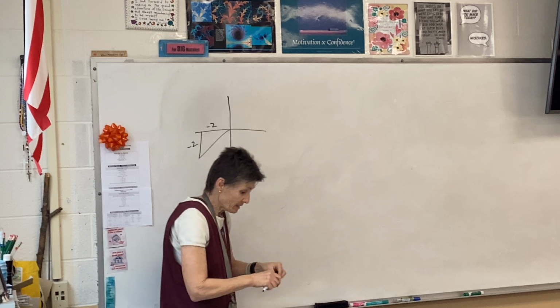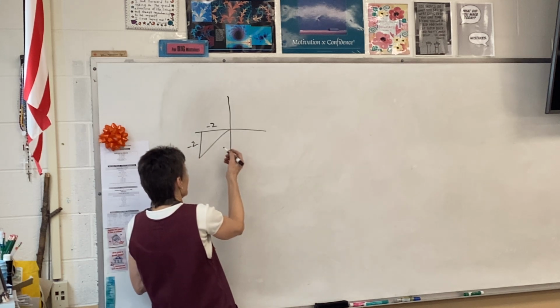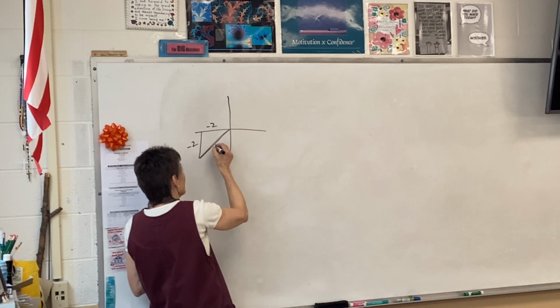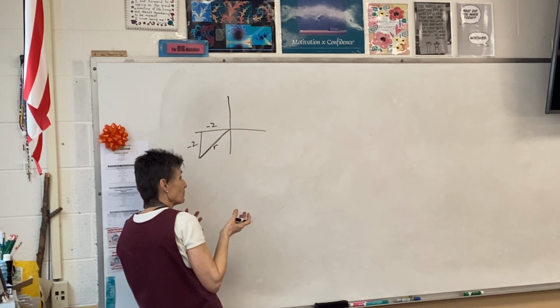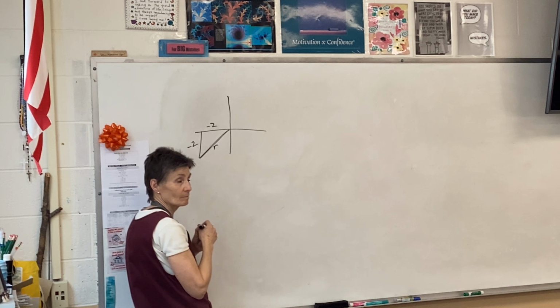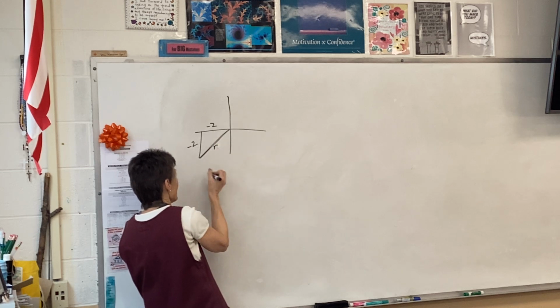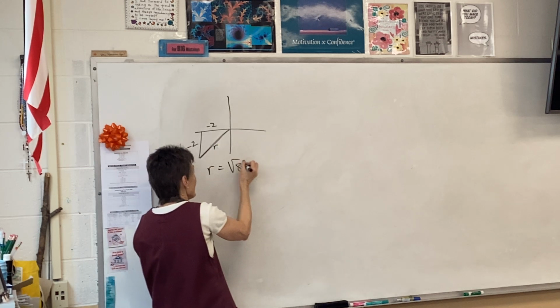Well, you know how to do this. We need r. To find r, we will simply do the Pythagorean theorem. So r is the square root of 8, which is 2√2.